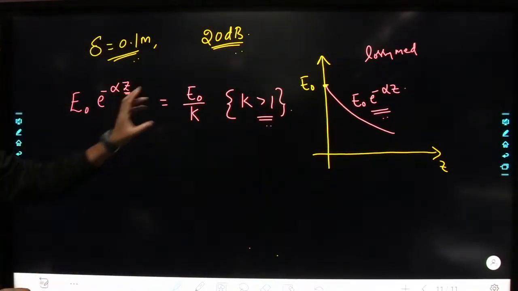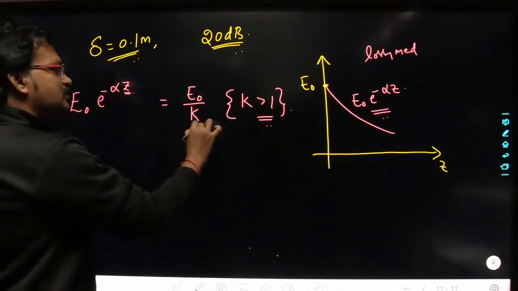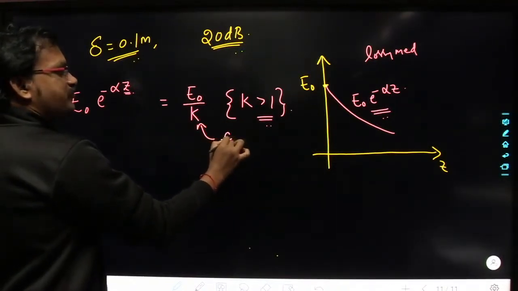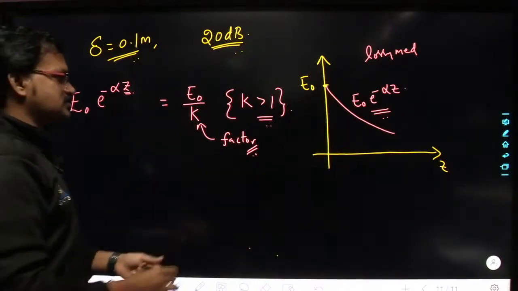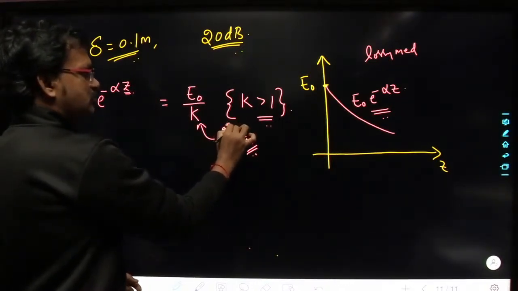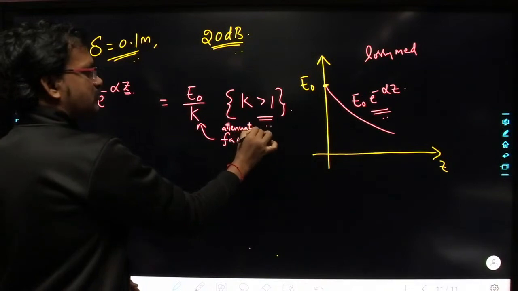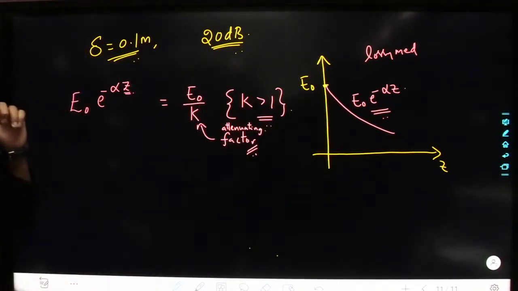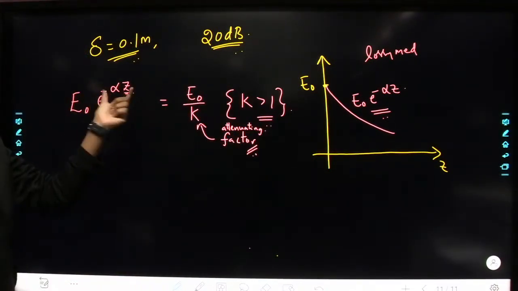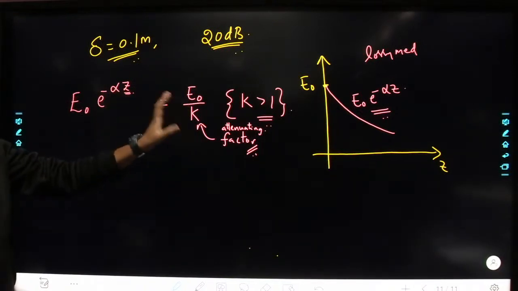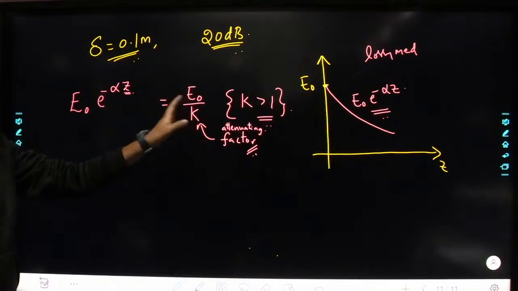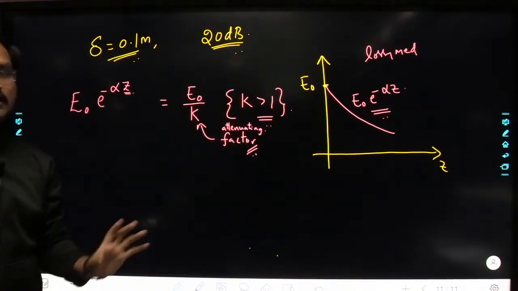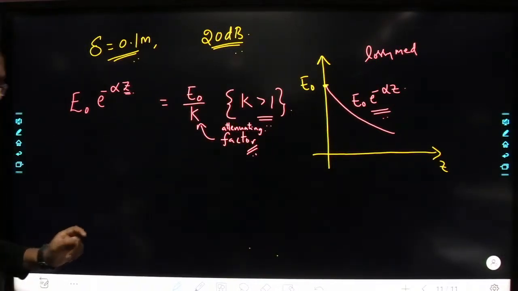So its amplitude is attenuated by this factor, which I can call the attenuating factor. After traveling some z meters, its amplitude has become E naught by k, so it has attenuated by k times, where k is greater than 1. Understood?